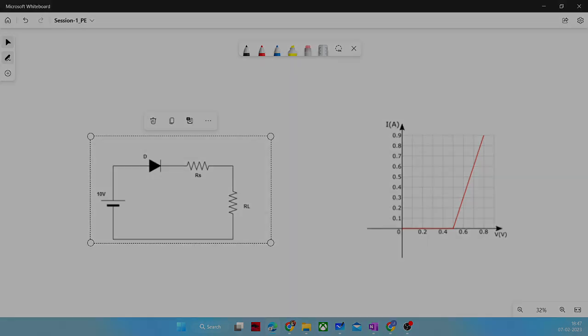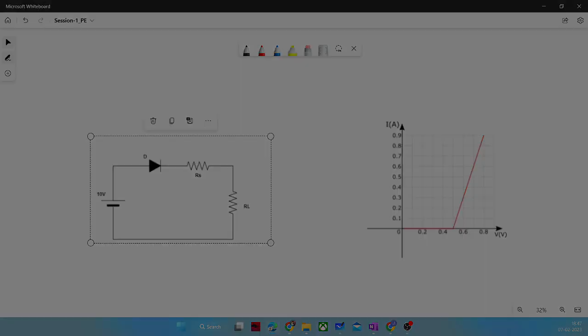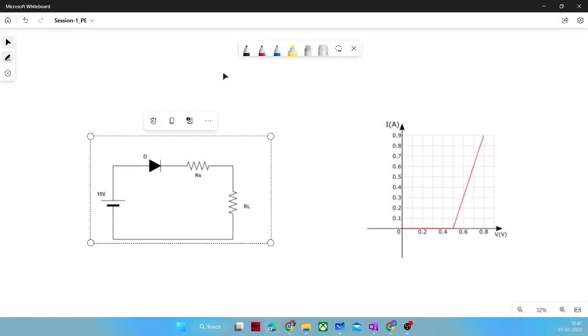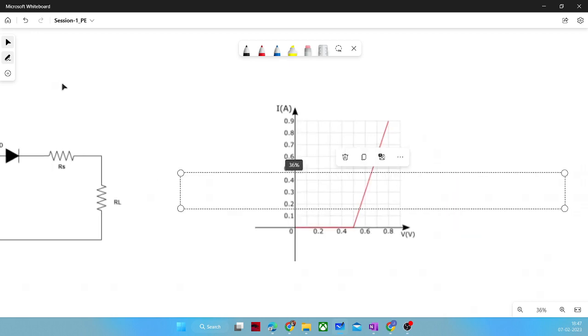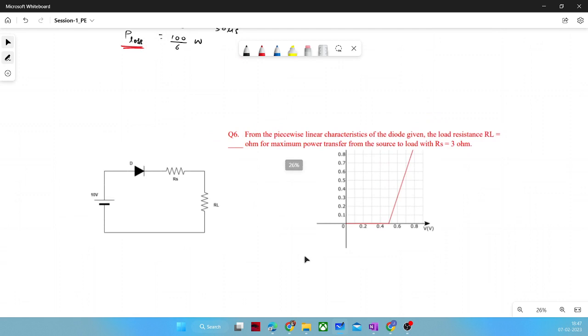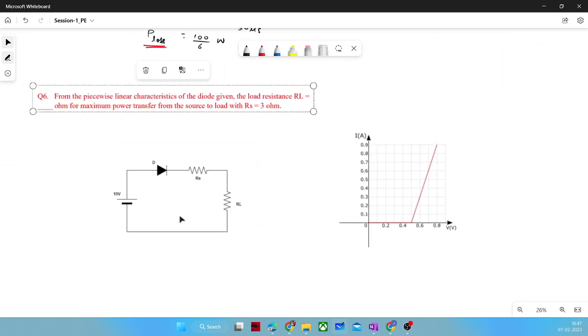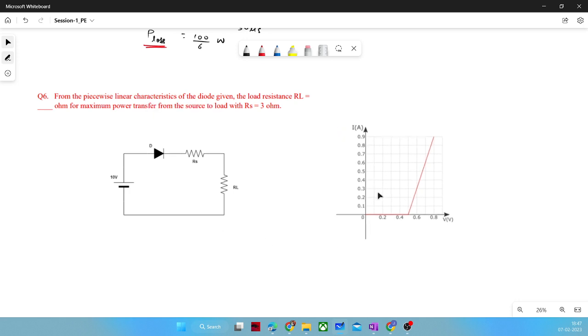The problem says we need to compute maximum power transfer from source to load. So this problem will test the concept of maximum power transfer theorem along with the concept of your diode characteristics and diode modeling. How do you model a diode? So that we will see step by step.